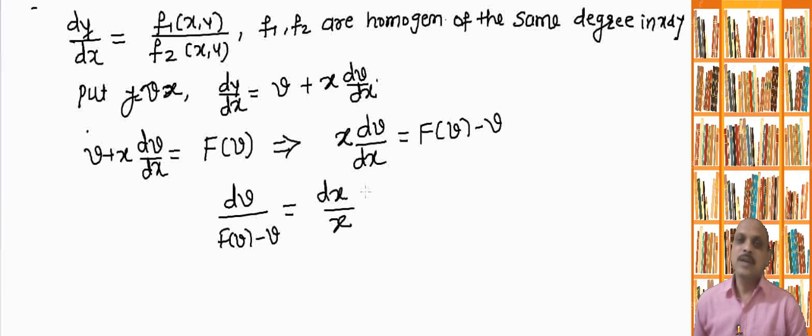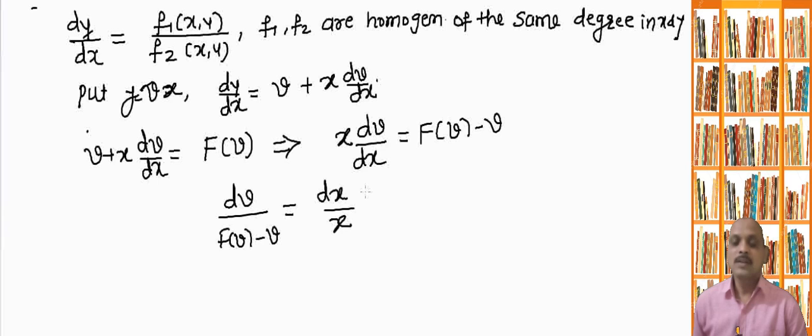When such type of equations are encountered, we have to put y equal to vx. Then you can easily see that to find the value of dy by dx, we get v plus x into dv by dx.